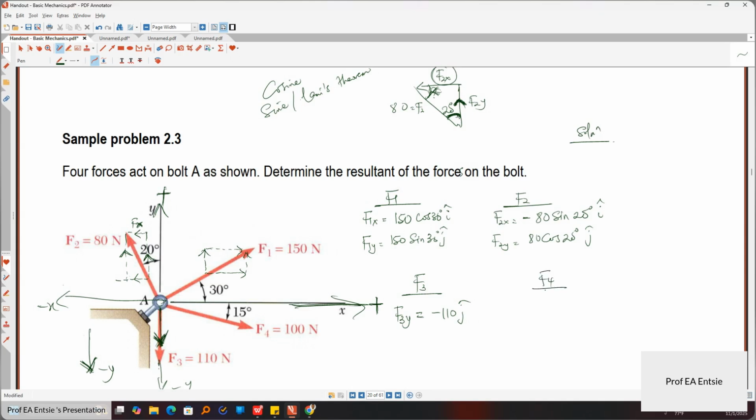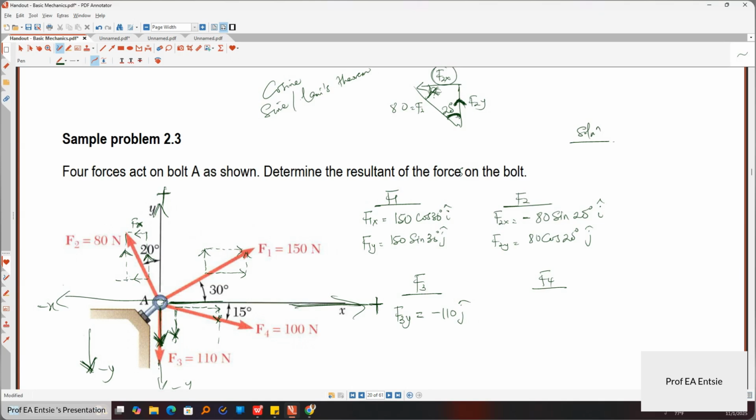Then F4. F4 will have two components because it's inclined, one along the x and one along the y. So along the x is positive because it's moving in the direction of the positive x-axis.